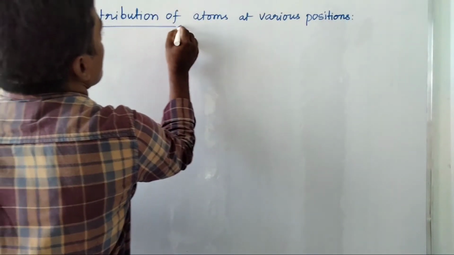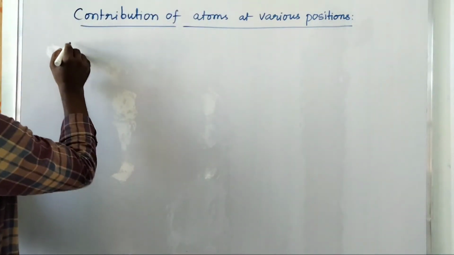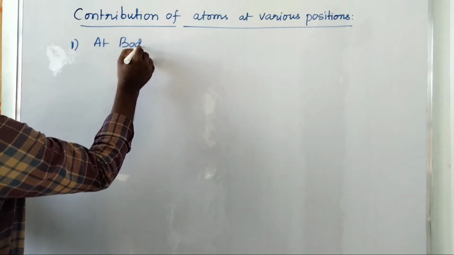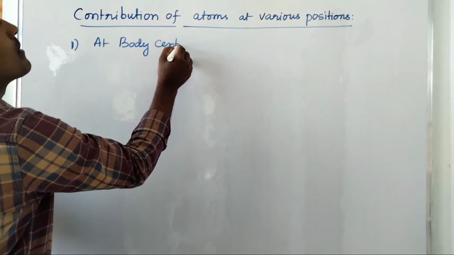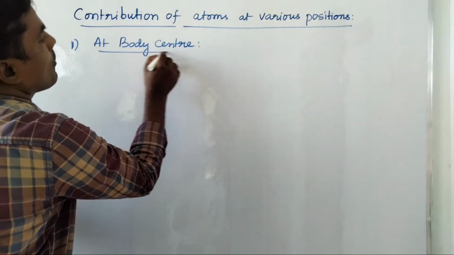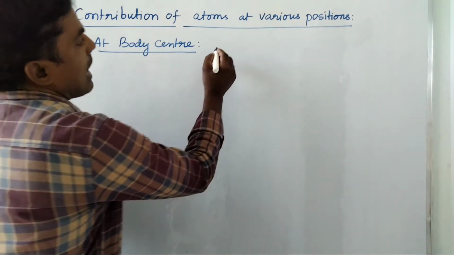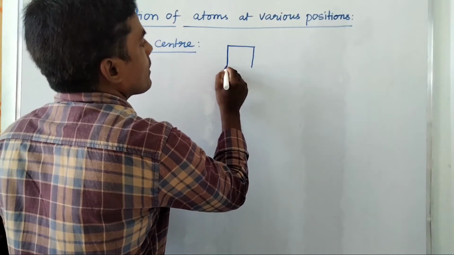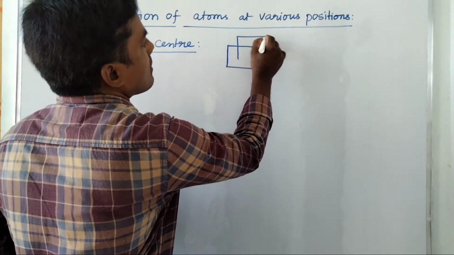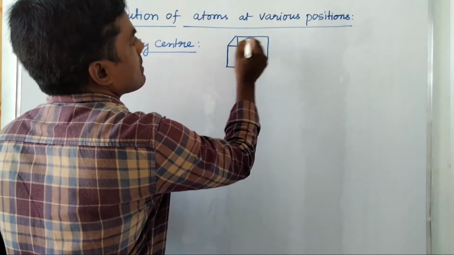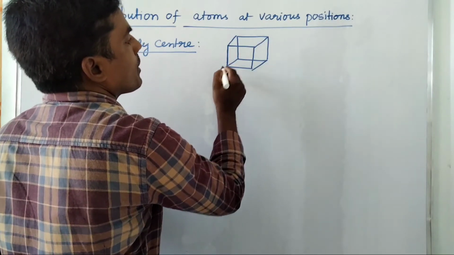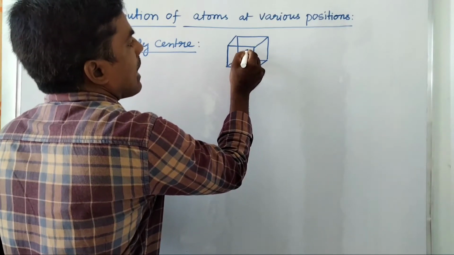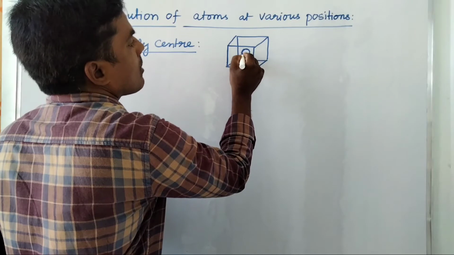In a unit cell, the first one is at body center, which means the atom is present at the center of the body. So this is a simple unit cell, and this is the center of the body. The atom is located at the center of the body.